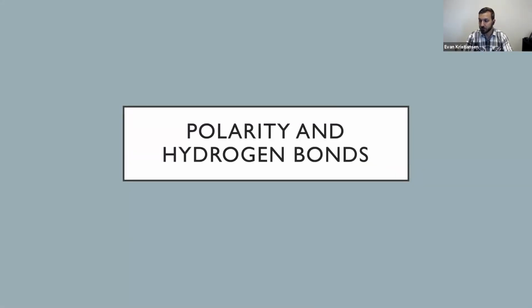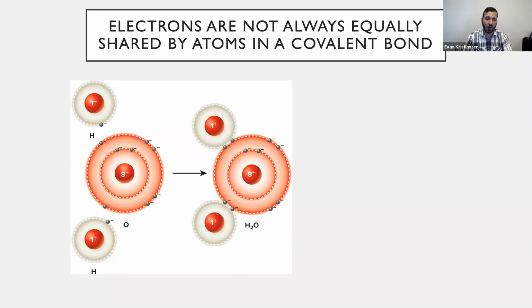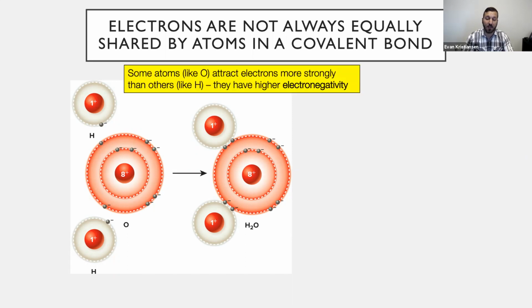Okay, so one thing that you should know about bonds formed by chemical reactions is that they are not always equal. Oxygen has all of these electrons, and it has a space for 2 more in its outer shell. But some atoms, like oxygen, attract electrons more strongly than others.